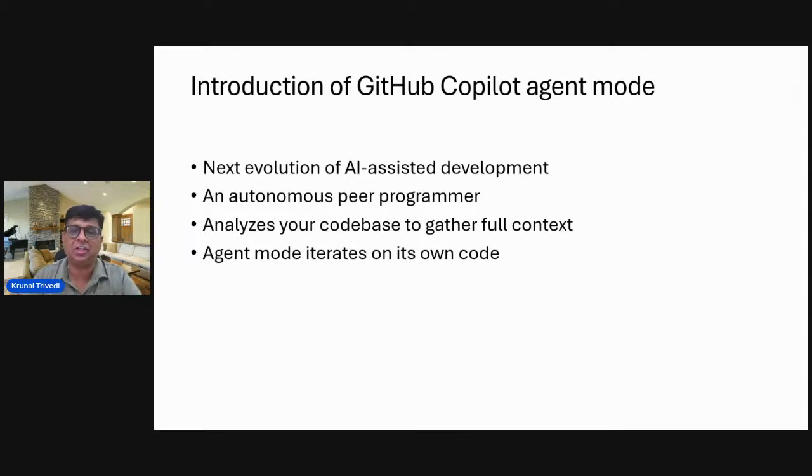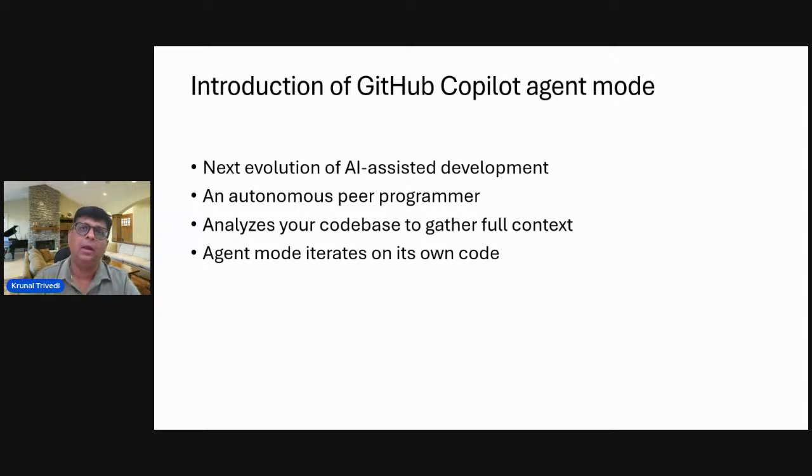It is not generic. It performs the task in context of your project structure, project domain, right? It reads relevant files, proposes file edits, runs terminal commands, and creates the test cases for you.